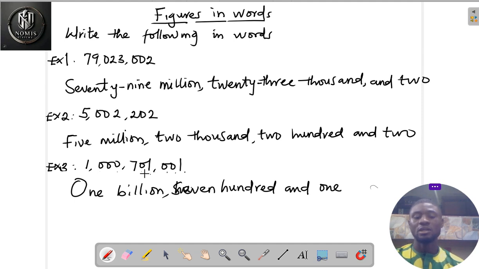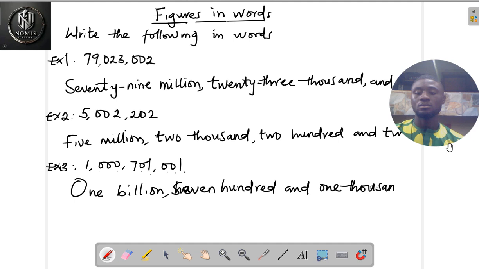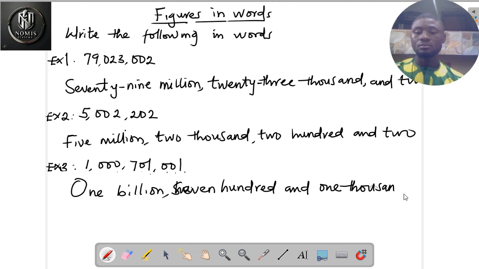So if I'm including this one, because there is a 1 in addition to that 700, so that will be 701,000. What do I have left? Just 1, because this is 0, 0 and then 1. So lastly, after 701,000, we have 1. So we just wrote this figure in words: 1,701,001.